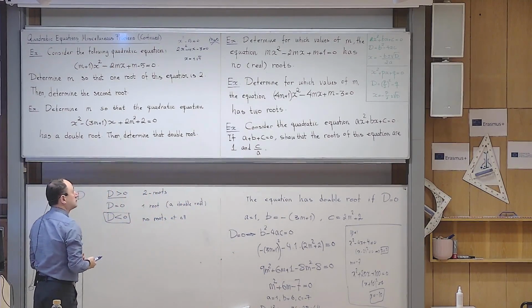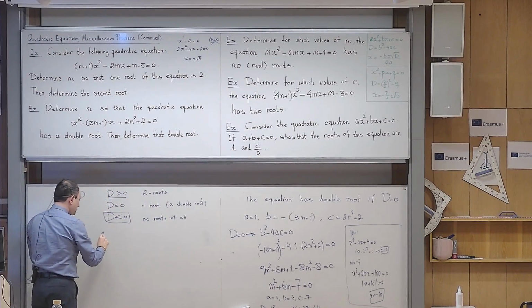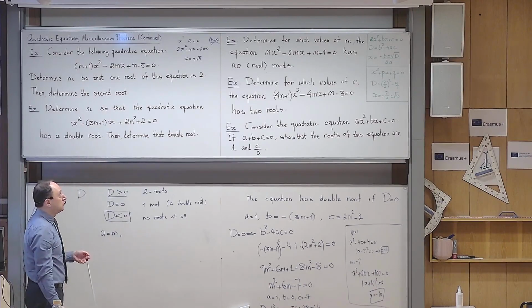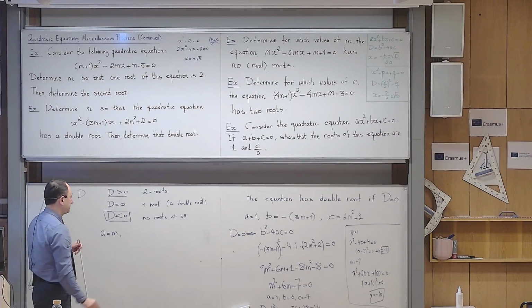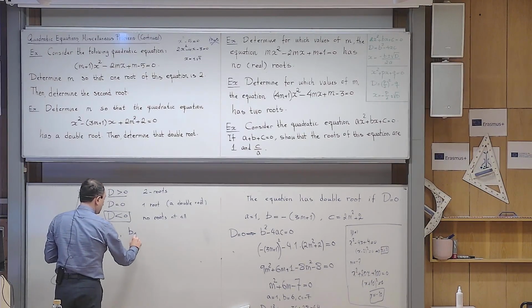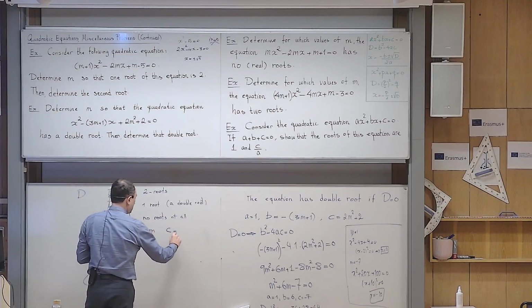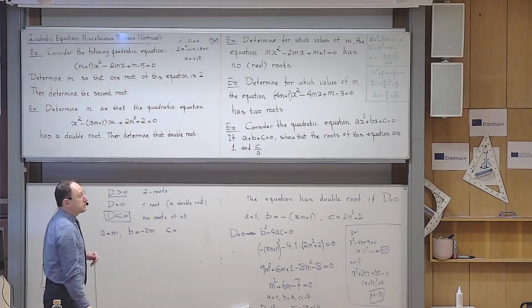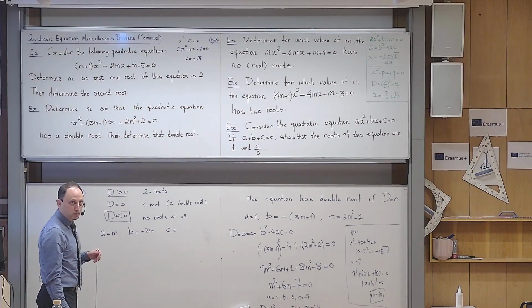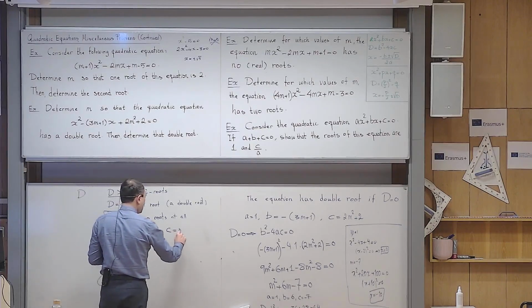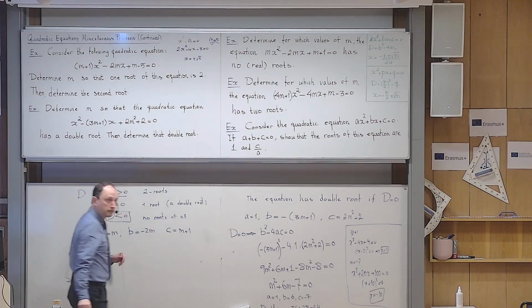M. So you write it, if you forget, in front of your eyes. A is m. What is b, everyone? Not 2m. Minus 2m. What is c? m plus 1. All parts without any x's. m is without x, 1 is without x.